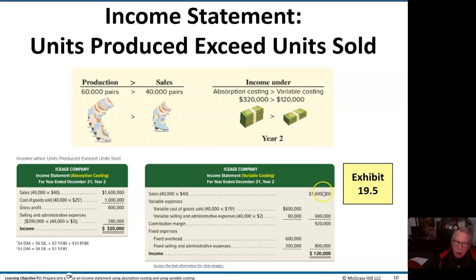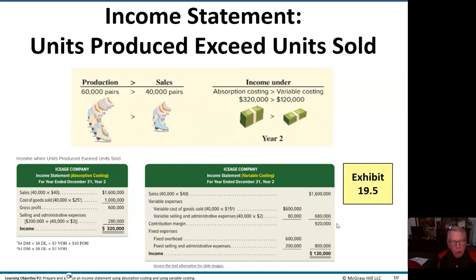Now, under variable costing, we have the same sales of 1.6 million, but our variable cost of goods sold is 600,000, not 1 million, and the variable selling and administrative is 80,000, total of 680,000 variable expenses.